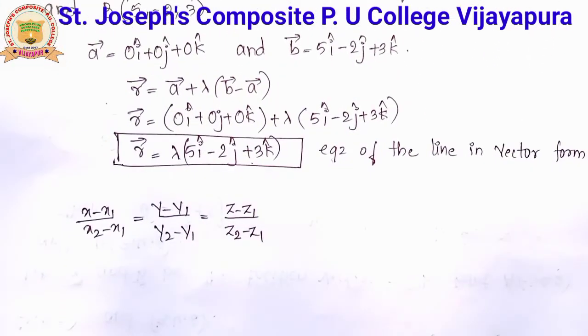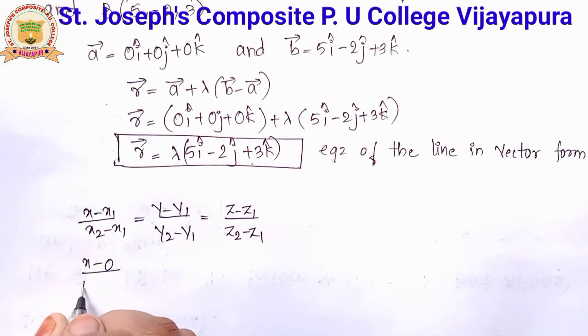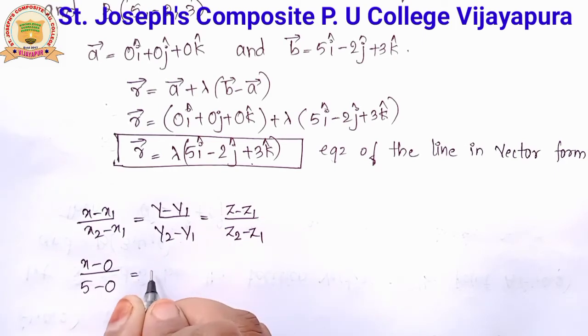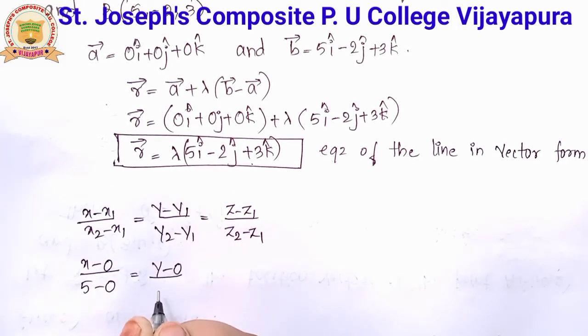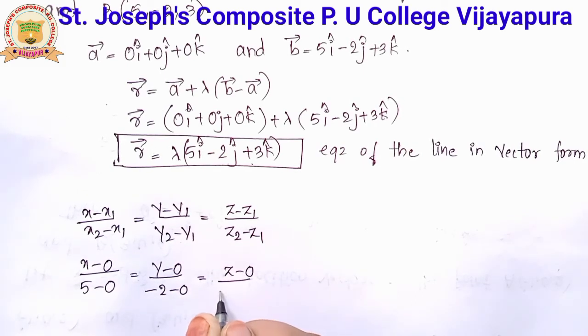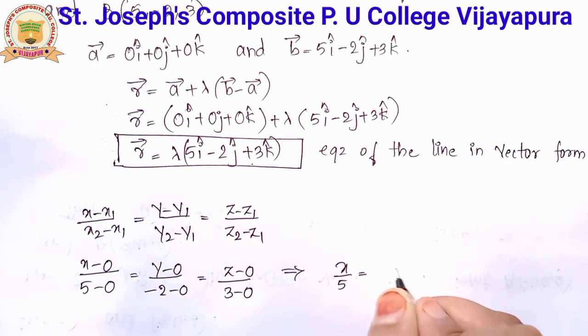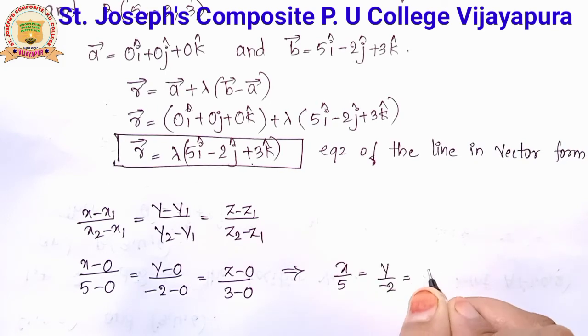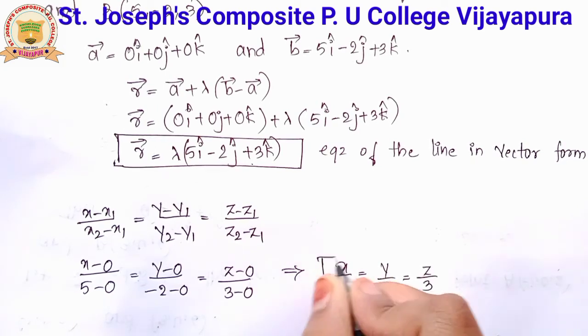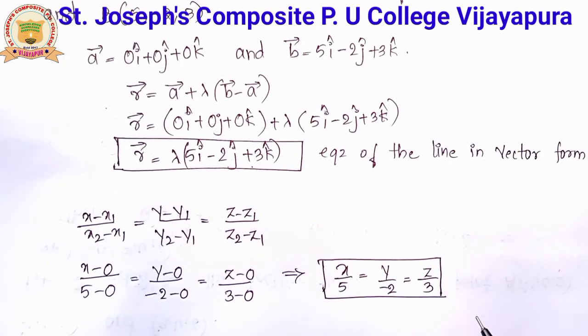Then we get (x minus 0) by (5 minus 0) is equal to (y minus 0) by (minus 2 minus 0) is equal to (z minus 0) by (3 minus 0). This implies x by 5 is equal to y by minus 2 is equal to z by 3, which is the required equation of the line in Cartesian form.